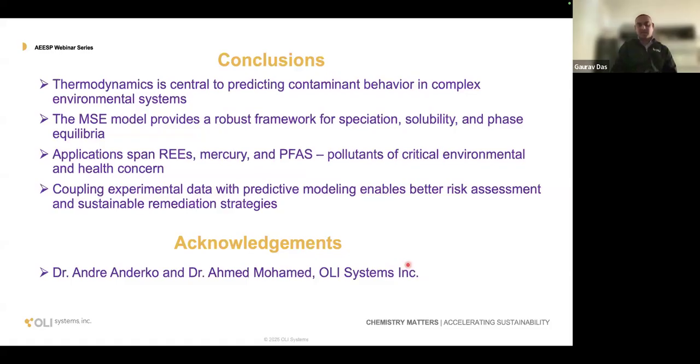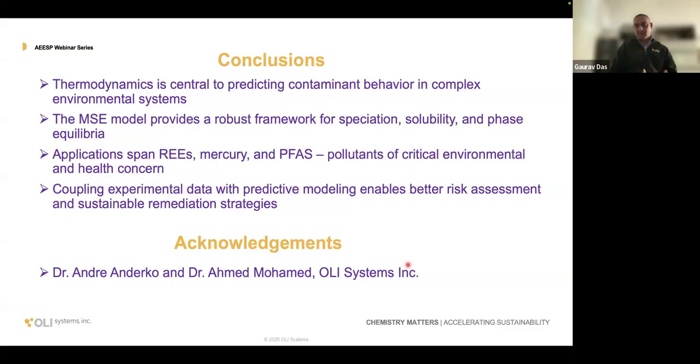And with that, I would like to conclude by saying, throughout this talk, I have presented the MSE thermodynamic framework for predicting thermodynamic properties of contaminants, ranging from heavy metals to emerging contaminants such as PFAS.